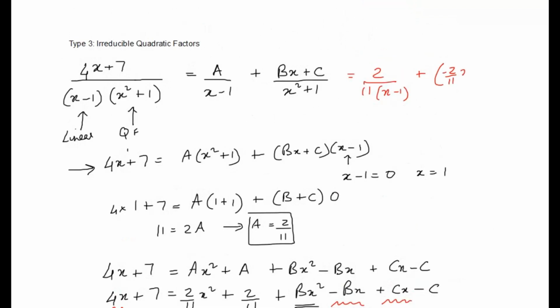So negative 2 by 11 x plus 42 by 11, the whole over x squared plus 1. You can simplify it if you like. So remember, if there is an irreducible quadratic expression such as x squared plus 1 in the denominator, on the top you have a linear expression bx plus c.